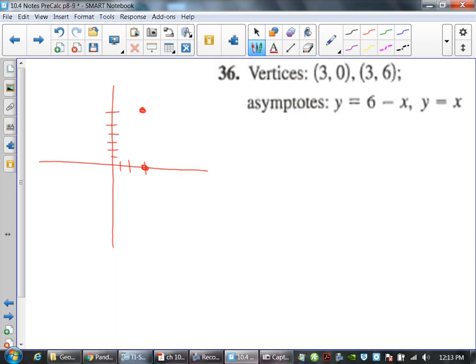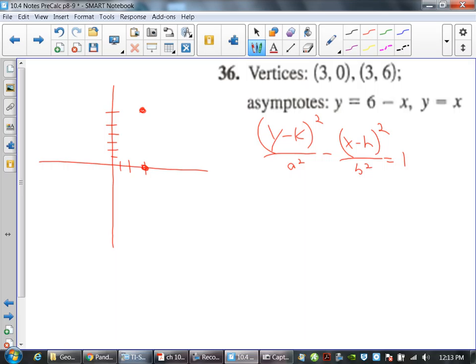The y is going to come first because it's going up and down.